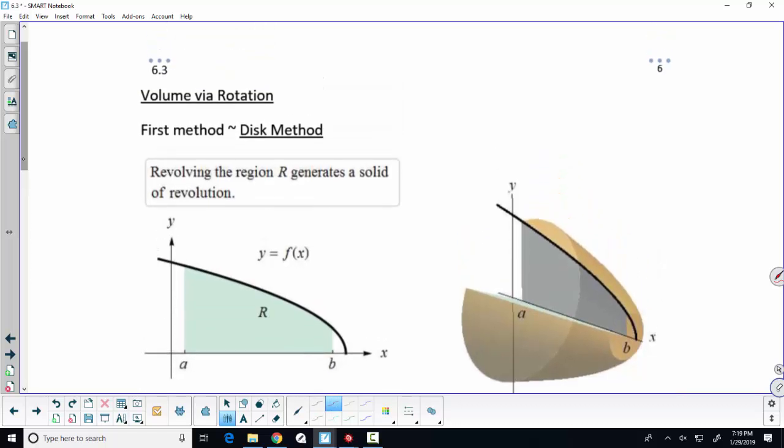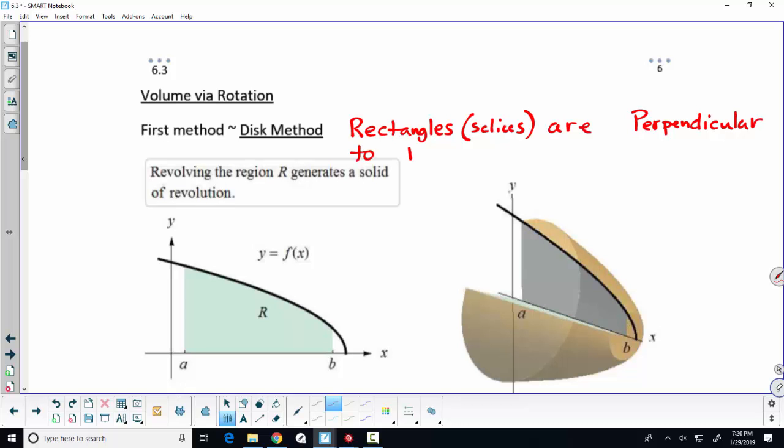It's really important that we understand that the disks are generated when the rectangles or slices, however you want to think about it, are perpendicular to the axis of revolution.